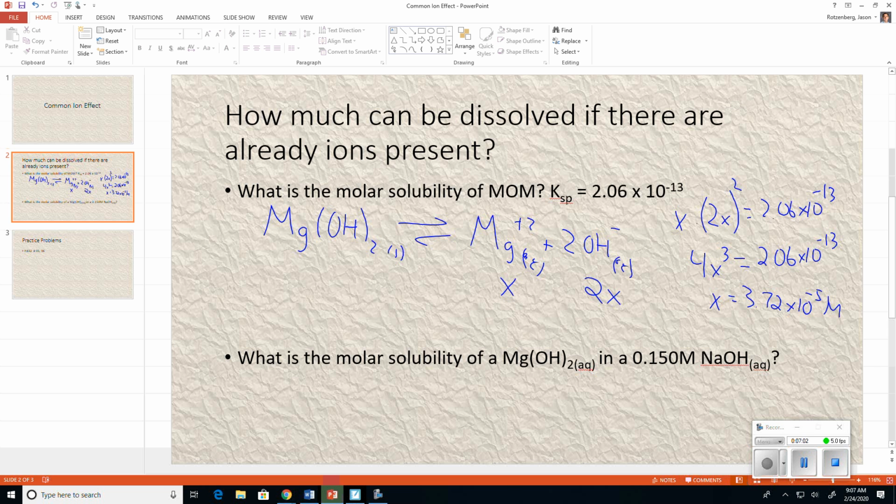When you have a tiny K value, so 10 to the negative 13th, that means that it does not create much of the ion, right?